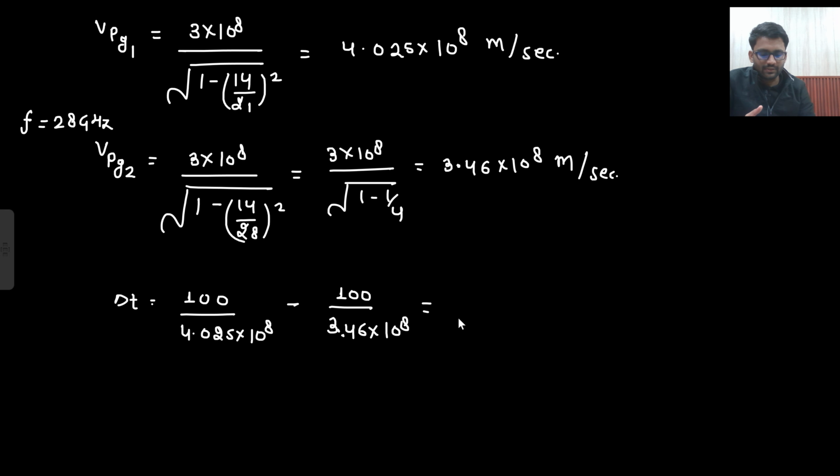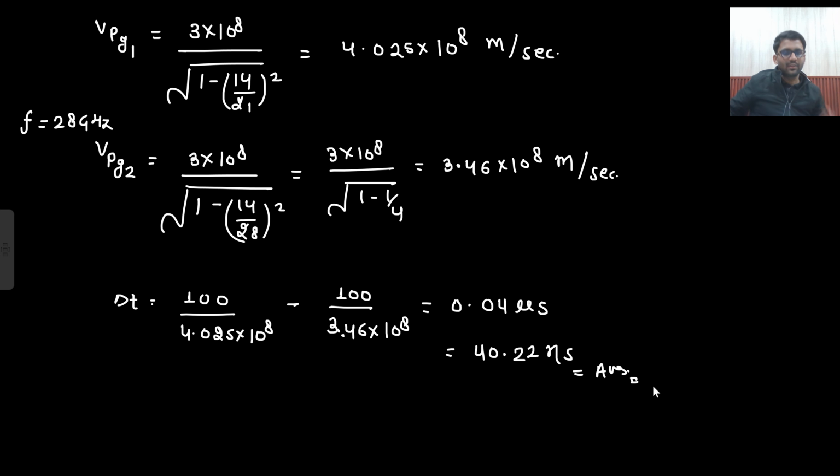Reciprocal of this minus 1 by 4.025. So you are getting 0.04 microsecond, or you can say 40.22 nanosecond. So this is your answer. This is the time delay. So this was very simple.